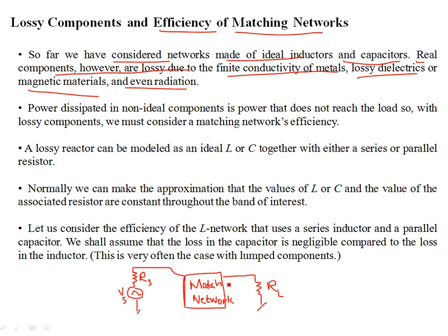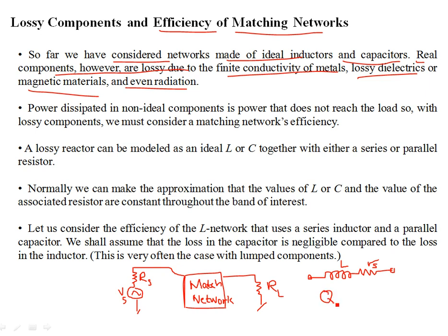For example, an inductor could be lossy. You can model an inductor. For example, if you are considering the finite resistivity of wire, in practice, you can model this with a small series resistance, Rs, let's say. So instead of having an ideal inductor, a practical inductor will have some series resistance, okay? And that brings out a definition of the component quality factor.